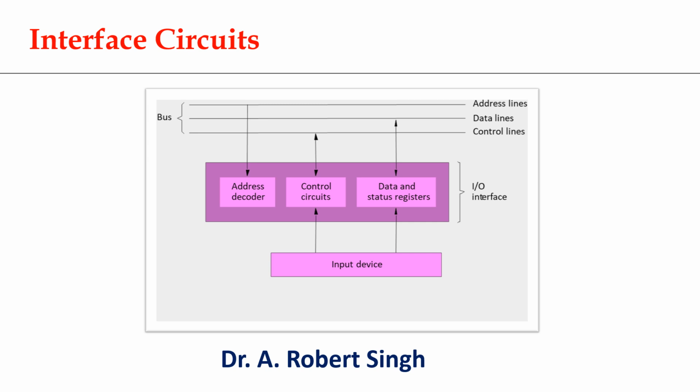Welcome to this introductory session on interface circuits, where we explore how these crucial components enable communication between different parts of a system, particularly between a microcontroller or processor and peripheral devices.